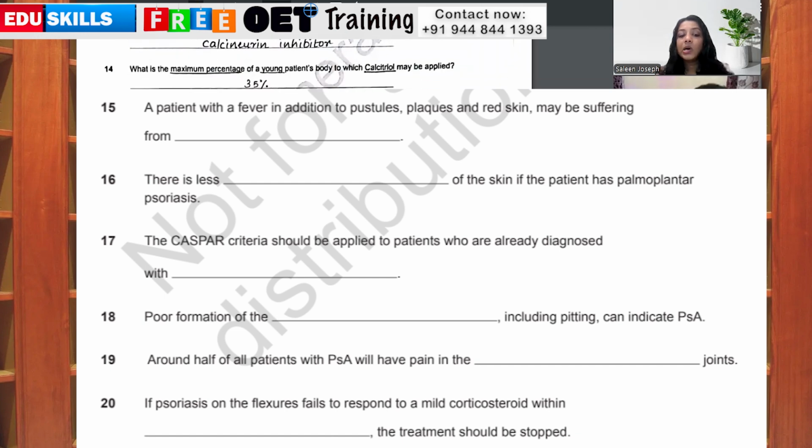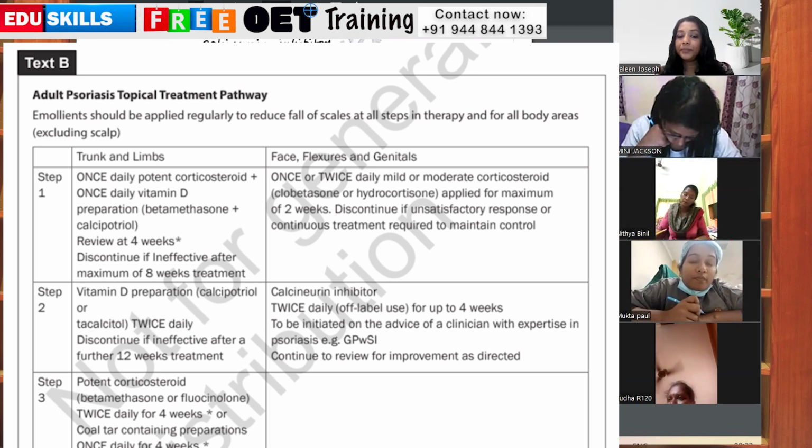Now moving to the 20th question. If psoriasis on the flexures fails to respond to a mild corticosteroid within dash weeks, the treatment should be stopped. So if it is not responding to a mild corticosteroid within this particular time period, then the treatment should be stopped. What is the time period they have mentioned there?